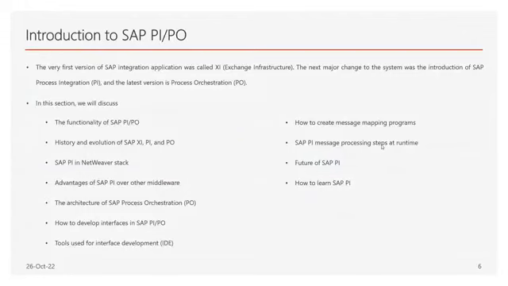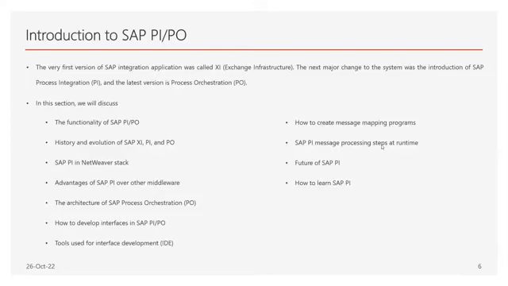Basically, this PIPO is a middleware tool that has been provided to us by SAP. This middleware tool will help you to integrate your applications, either on-premise or cloud applications, to exchange data between them.